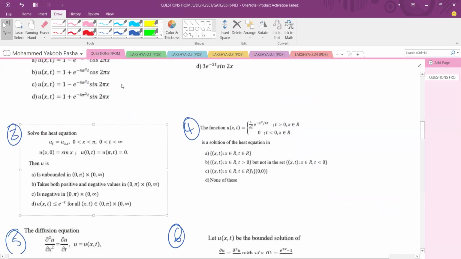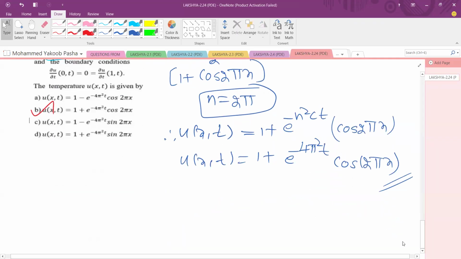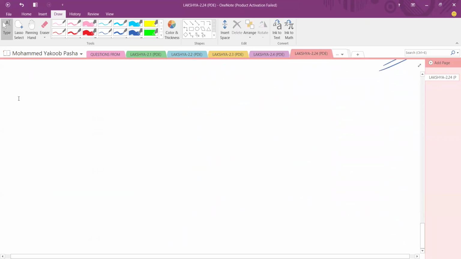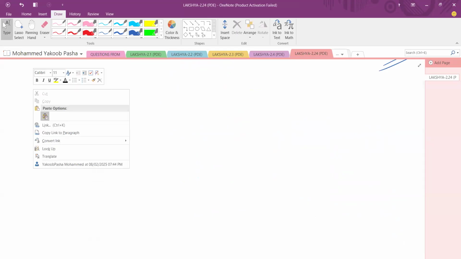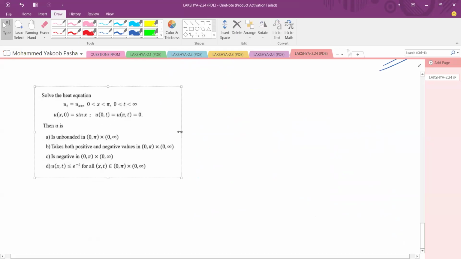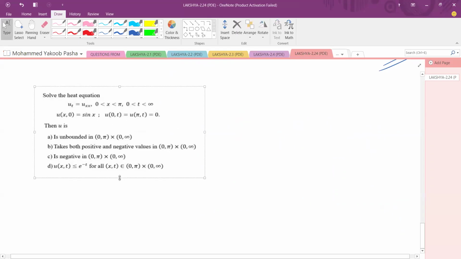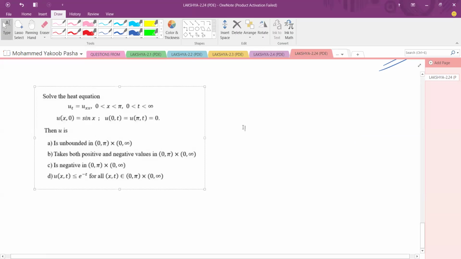This is my problem. Solve the heat equation ut is equal to uxx. And it is a CSIR NET problem.